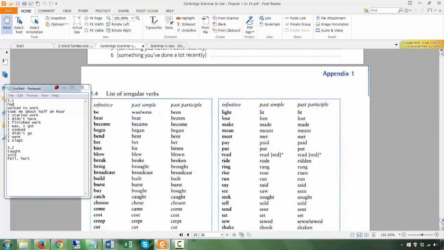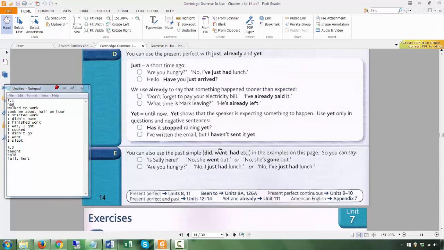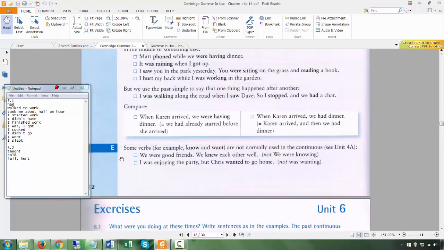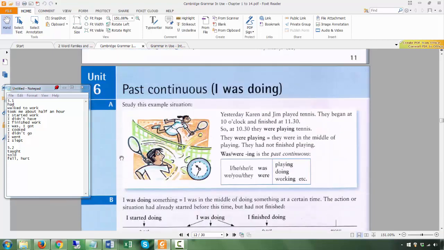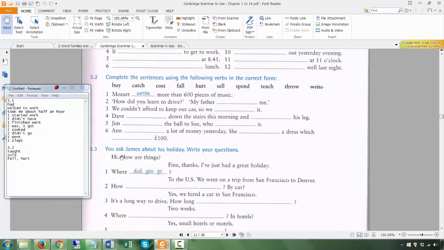Jim threw the ball to Sue, who caught it, and she spent a lot of money yesterday. She bought a dress which cost, which is the same. Cost is also in past simple, right?